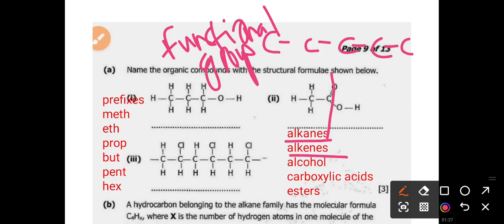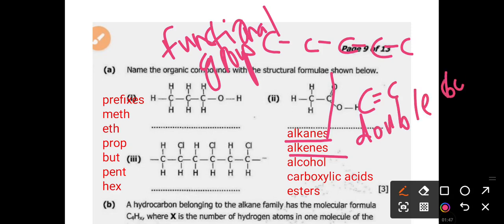Then for alkenes, they are defined as organic compounds having double carbon to carbon bonds. So the bonds between carbon atoms are double. The functional group of alkenes is what we call a double bond.